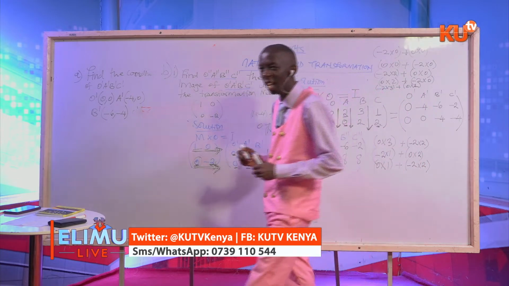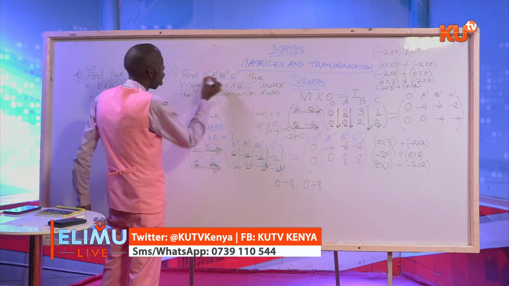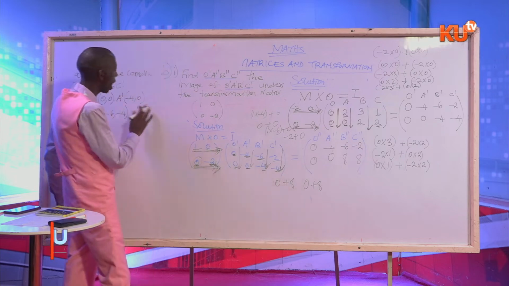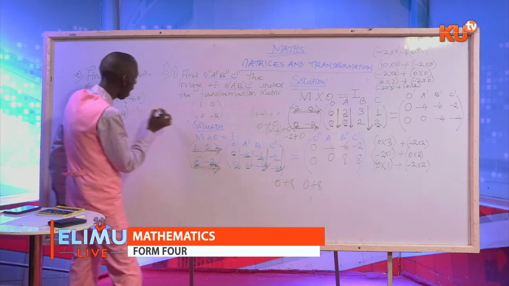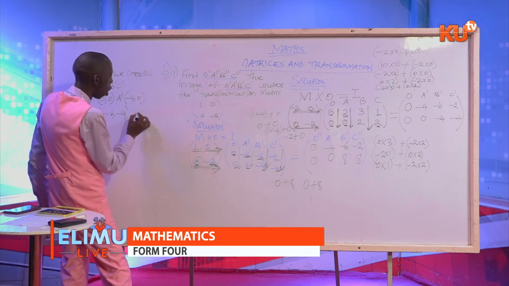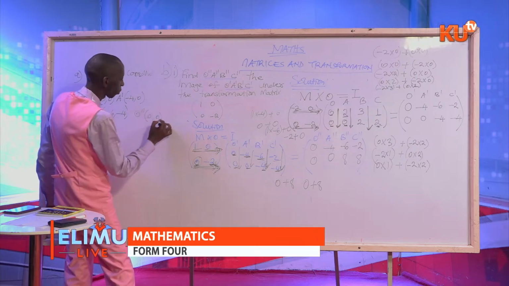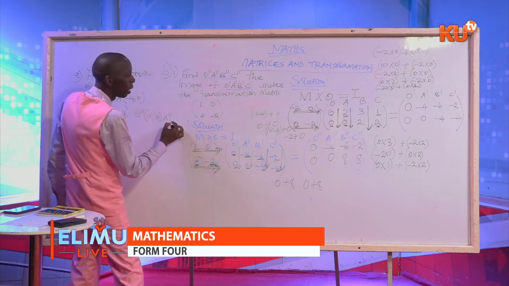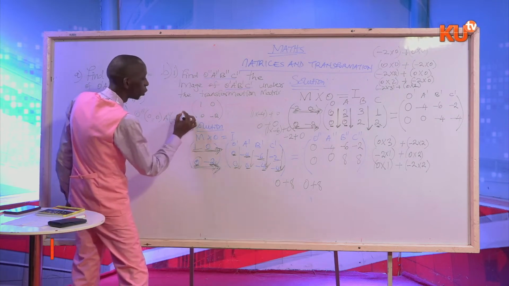Therefore, my dear students, the coordinates of O double prime, A double prime, B double prime, and C double prime are, you rewrite them now as coordinates. O double prime is 0, 0. A double prime is negative 4, 0.